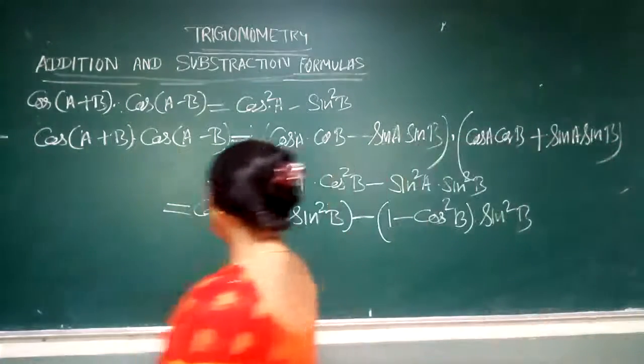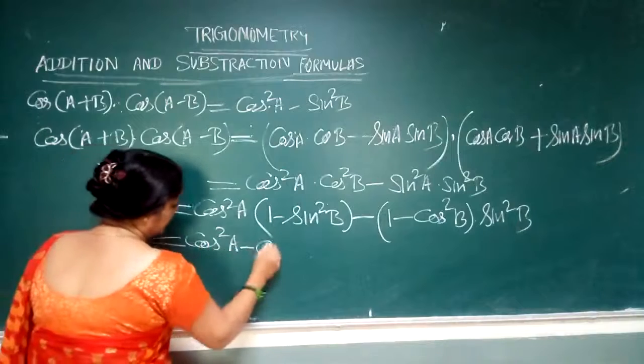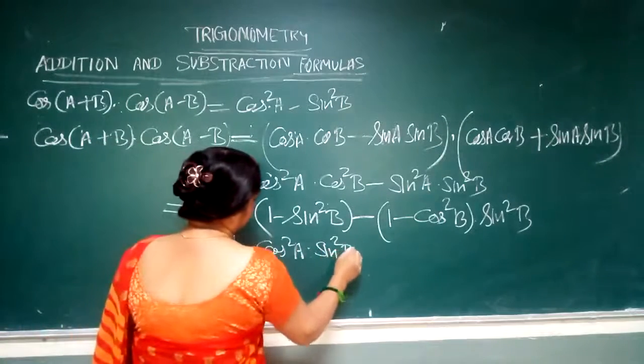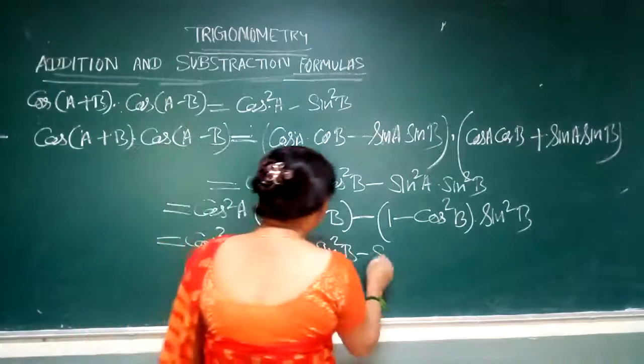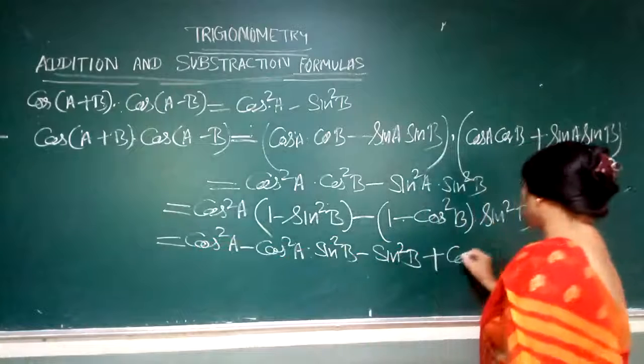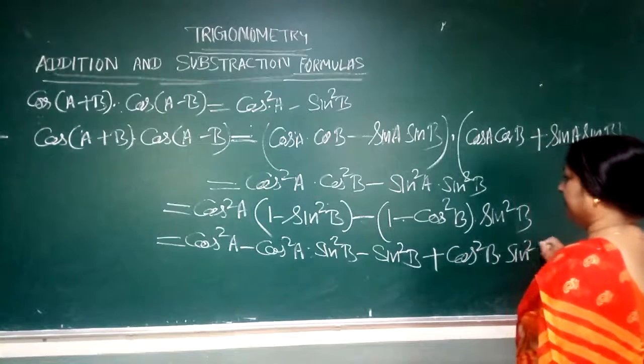After that open the bracket: cos square a minus cos square a into sin square b minus sin square b, minus minus plus cos square b into sin square b.